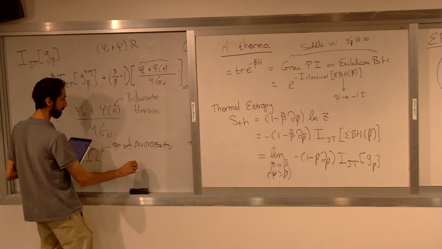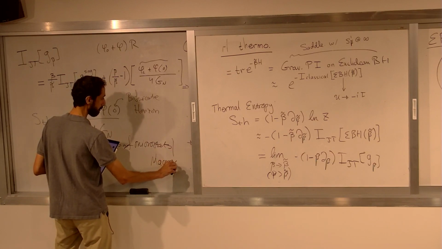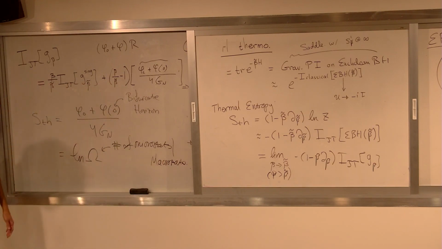It's the number of microstates given some macro state. Here, the macro state is described by, I guess, the temperature, or the mass. Yeah, the mass. That's right. And this tells you that you have exponential of this many degrees of freedom. This is not sorcery. I don't know what is.